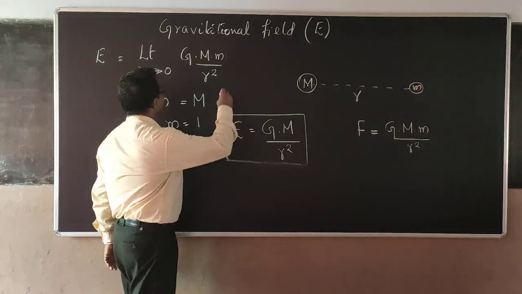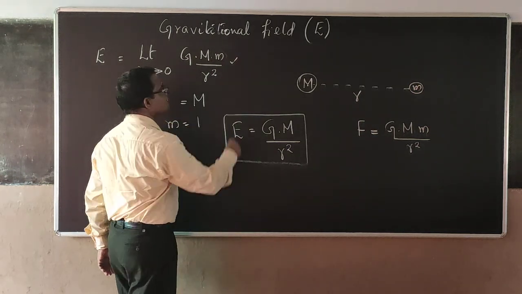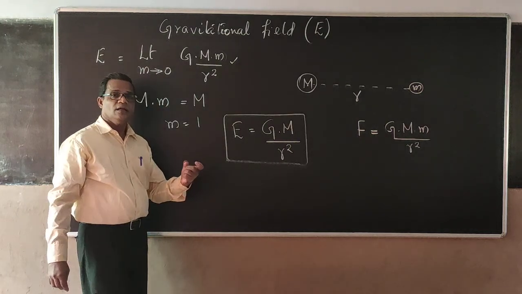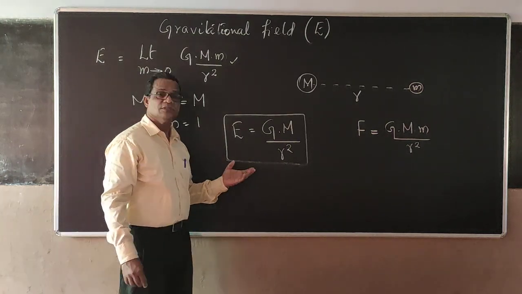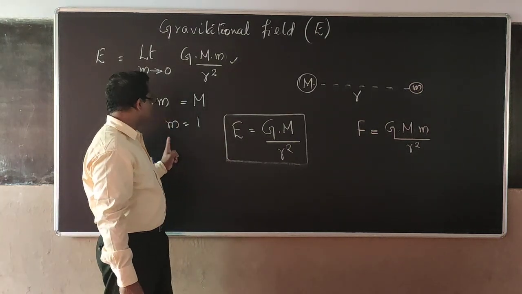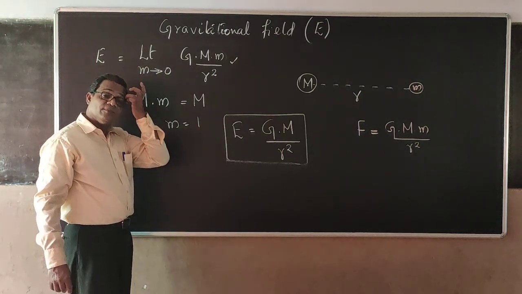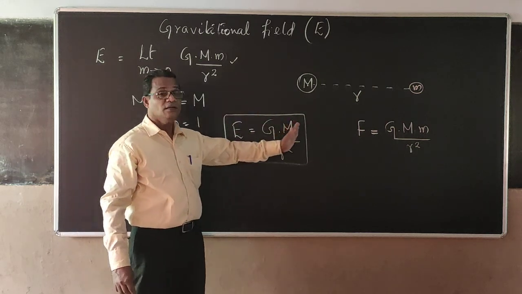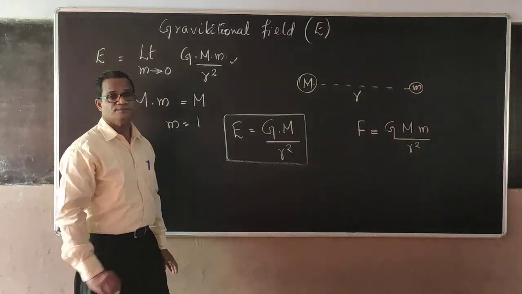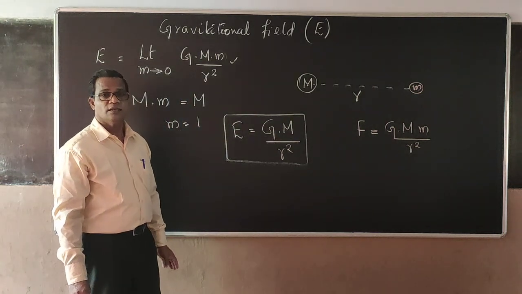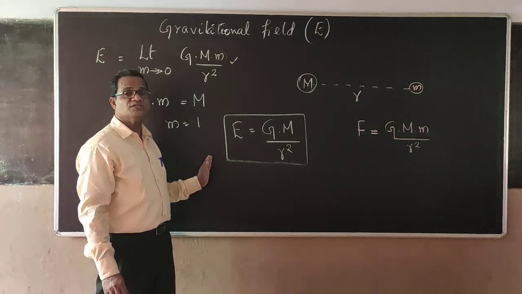Okay, so the exact definition is this, but we want to get a correct single equation, which is possible just by taking this mathematical multiplication identity. Therefore, we can define it in terms of unit mass. Clear? This is gravitational field.